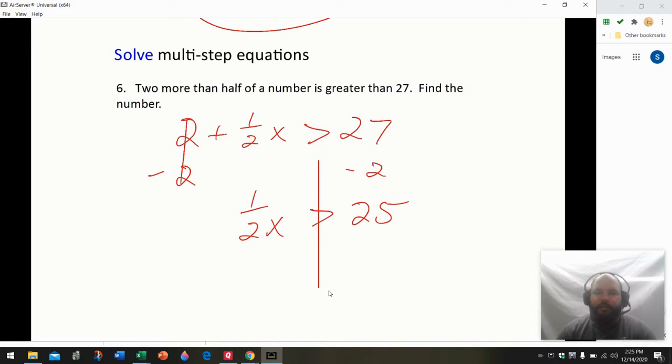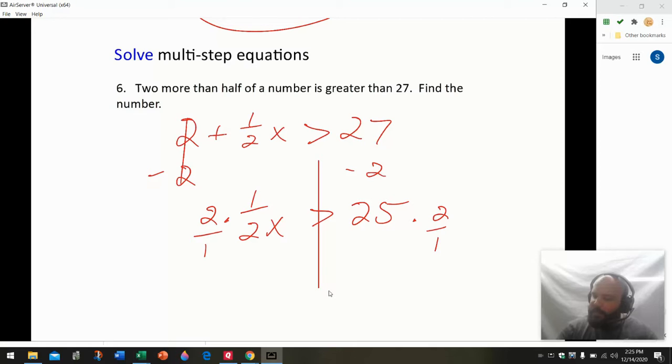Okay, now from there, you need to multiply both sides of the inequality. We would normally divide by 1/2, but we don't divide by fractions. We multiply by the reciprocal. So this is the keep, change, flip. So we're going to keep the 1/2. We're going to change it to 2 over 1. Sorry, we're going to change it to multiplication, and flip it to 2 over 1.